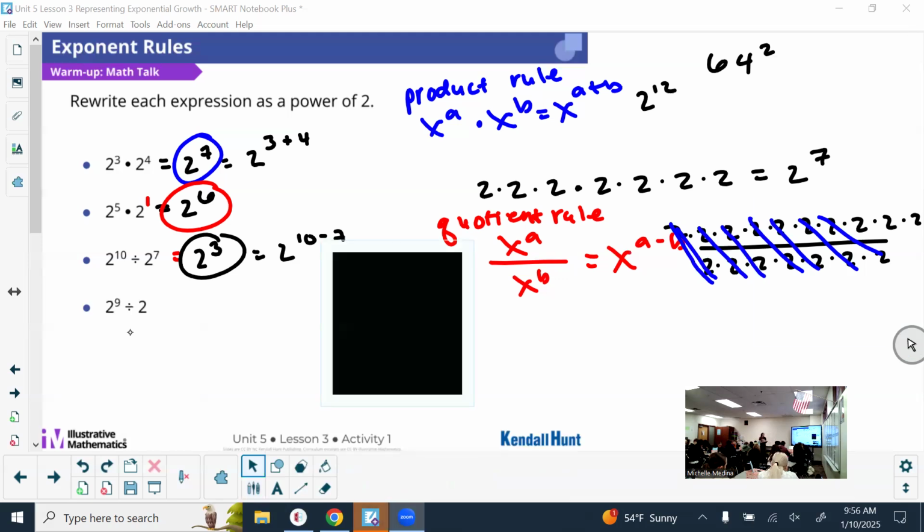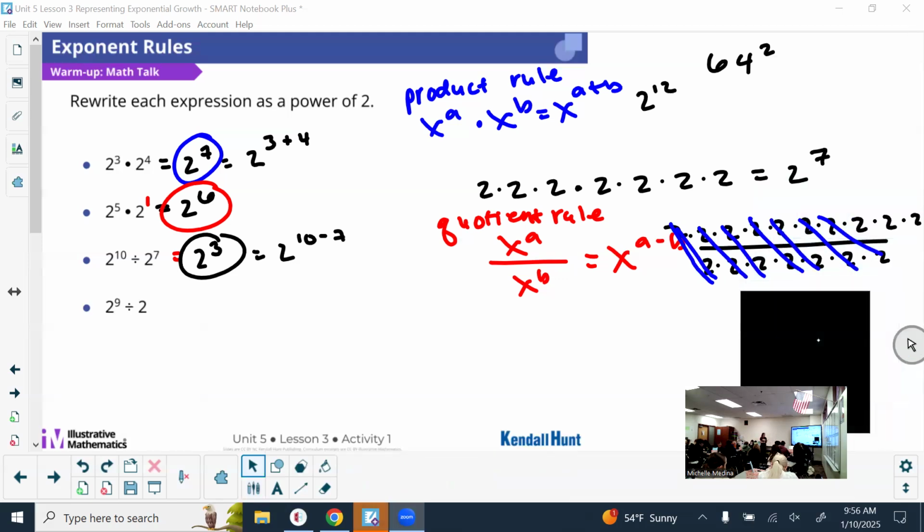All right, lastly, we have 2 to the 9th divided by 2. Rewritten, what should be left? 2 to the power of 8. Because we apply the quotient rule, the bases are being divided, the bases are both 2.